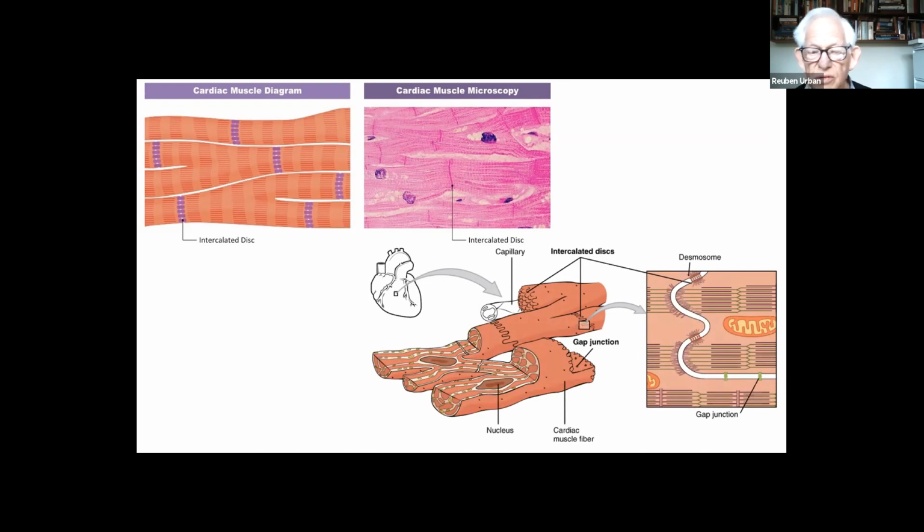The signal moves through here, and of course the ubiquitous mitochondrion. And so the nuclei work really well, but this particular structure has evolved so you get the syncytium. It's not unlike the smooth muscle, but it's a different situation.